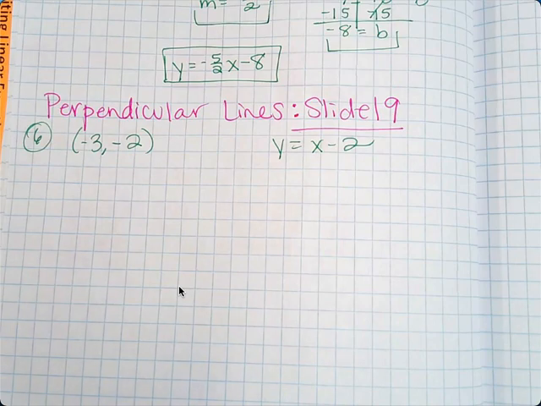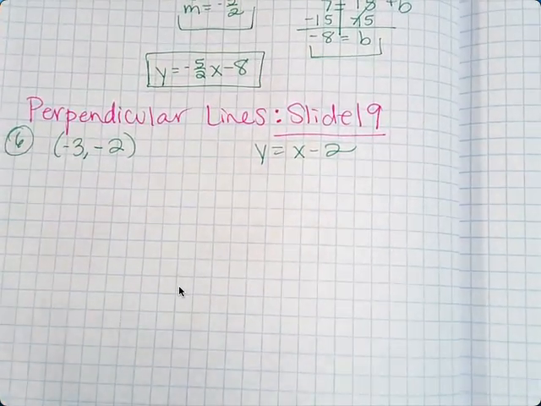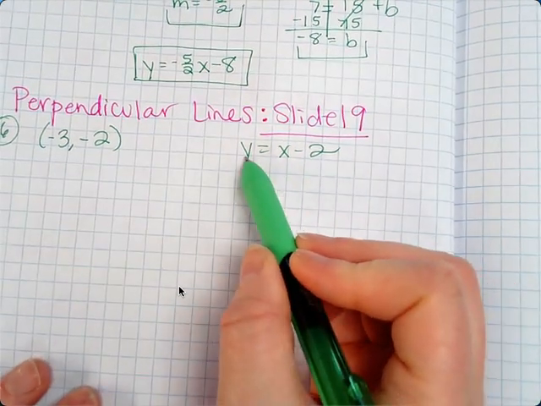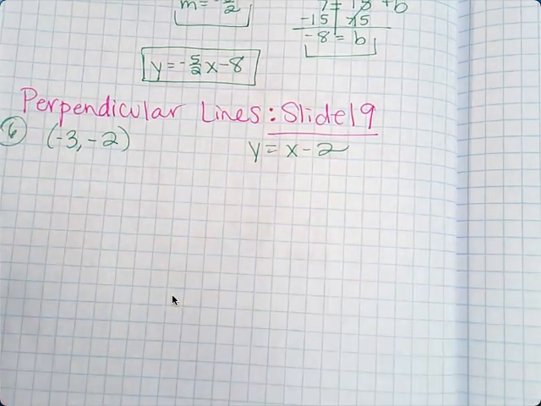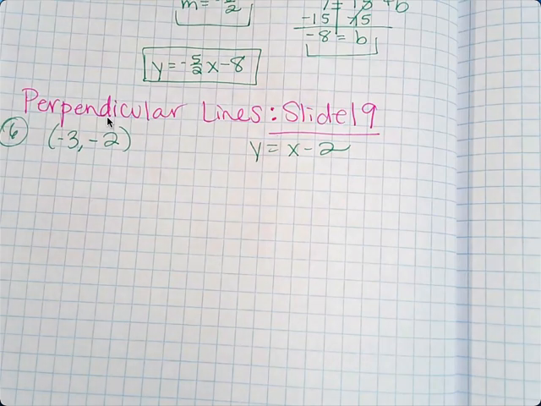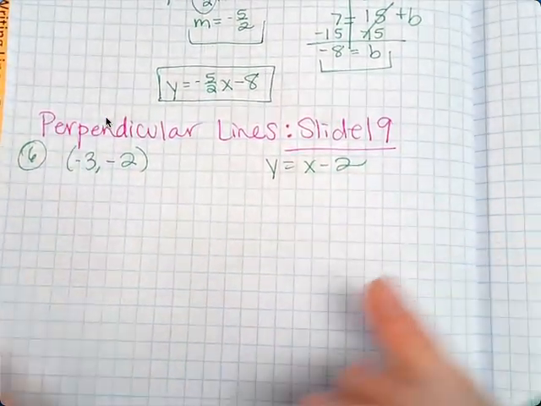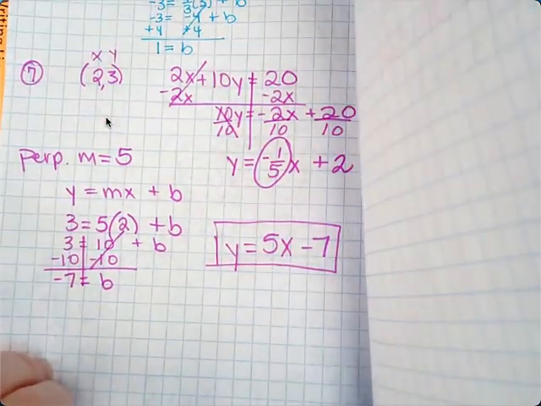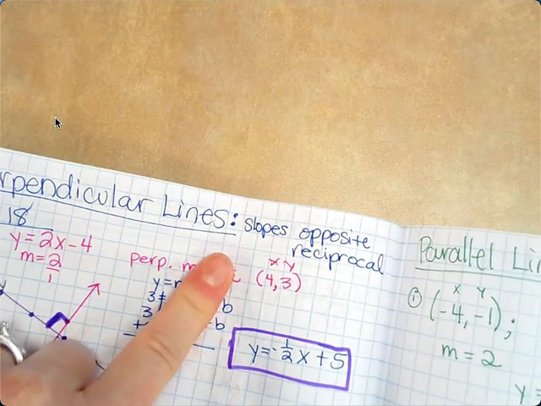Perpendicular line, slide 19. It's going through the point -3, -2. And is perpendicular this time to y equals x minus 2. All right, to be perpendicular, what does that mean about the slopes? Do y'all remember? They intersect at a right angle, and our slopes are opposite reciprocals.